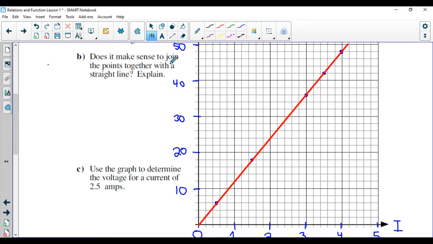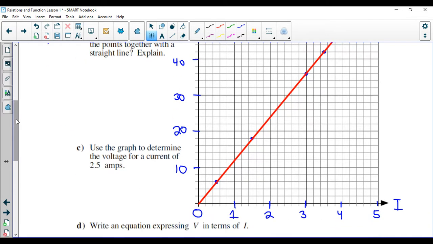Okay, does it make sense to draw the straight line? If we draw a straight continuous line, it means that all points have to make physical sense. So let's just take one point, for example, and see if this would make any sense. So let's look at what's going on at a current value of 2.